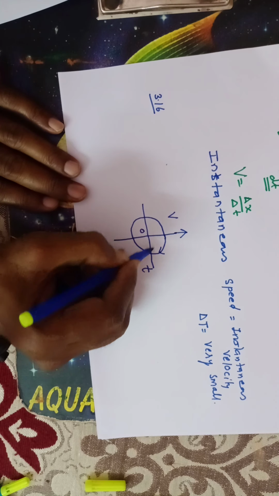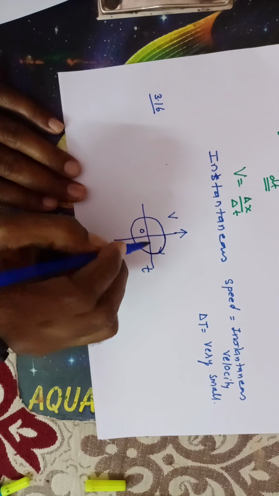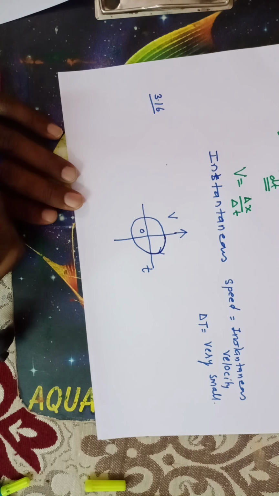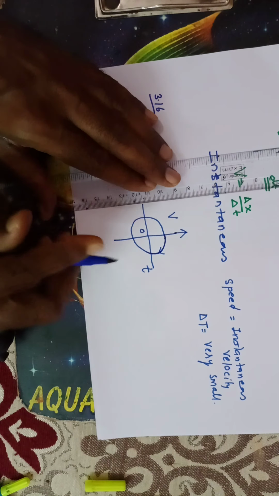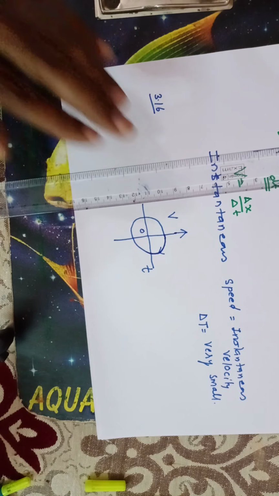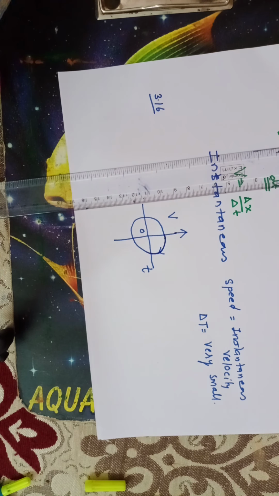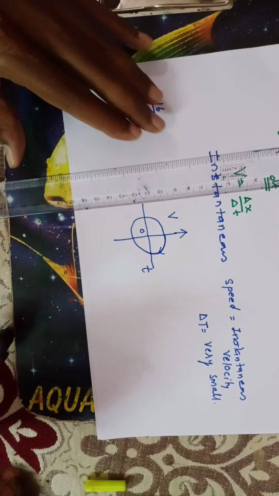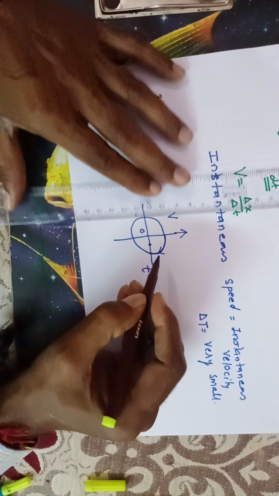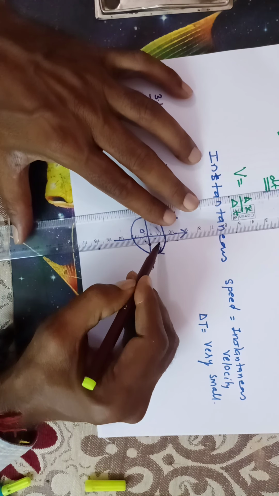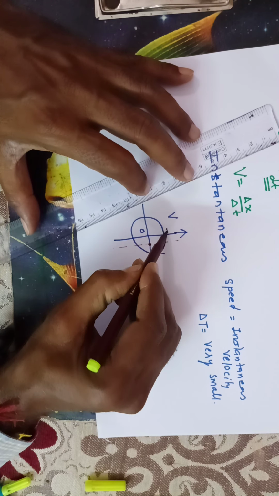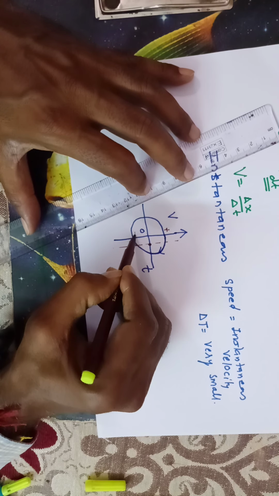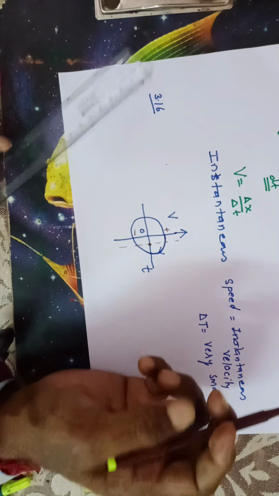That the particle is going like this. So actually this graph is not possible, because if you pick this time, at this point it has two velocities. One velocity is positive and one velocity is negative. So this graph is not possible.